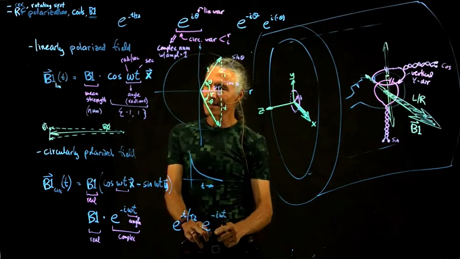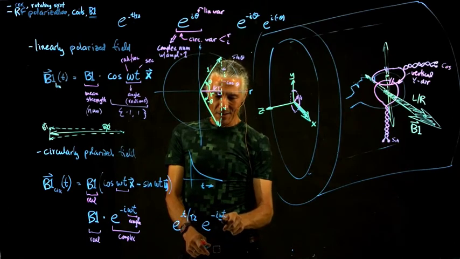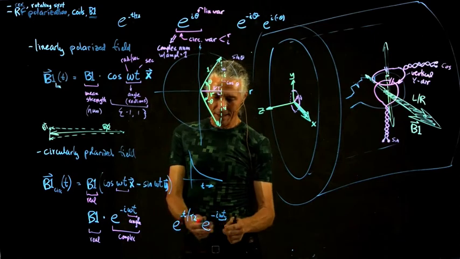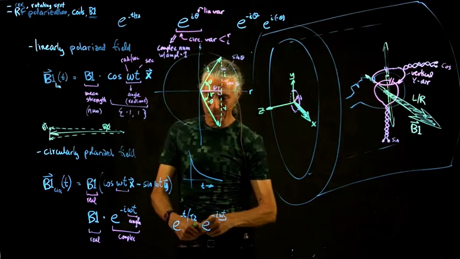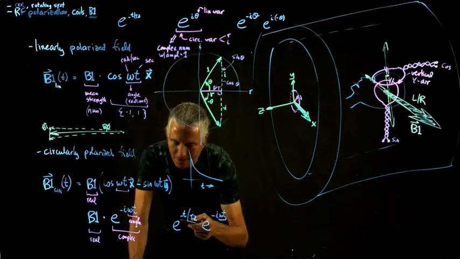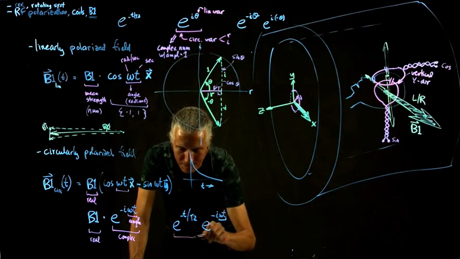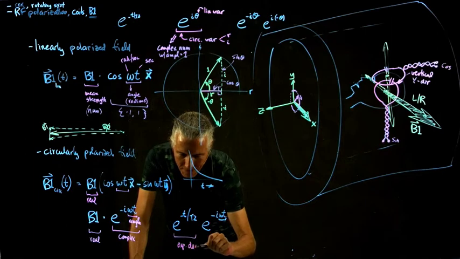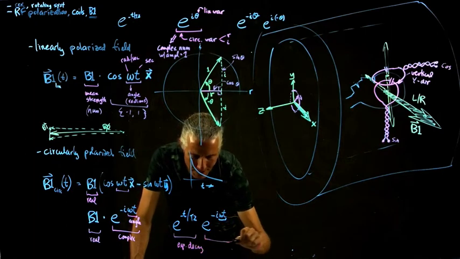What this means is add this angle, or subtract that angle if it's negative. That's the meaning of this. They look the same, but they're completely different. This means exponential decay. This guy means modify angle.